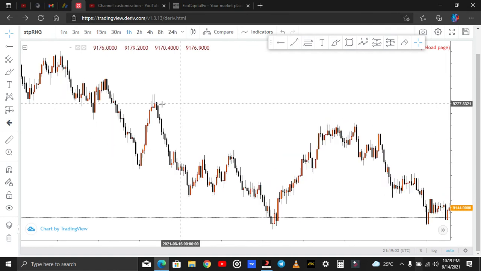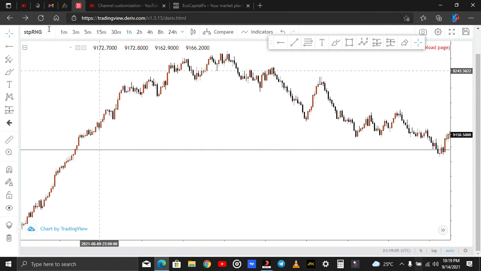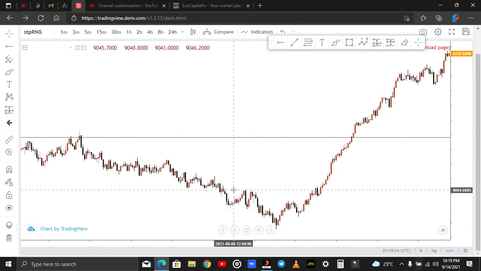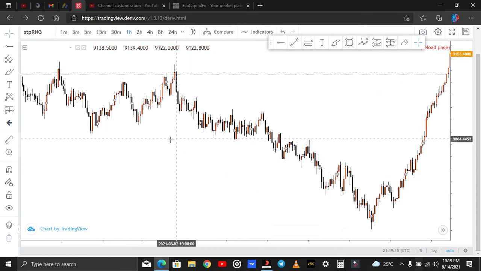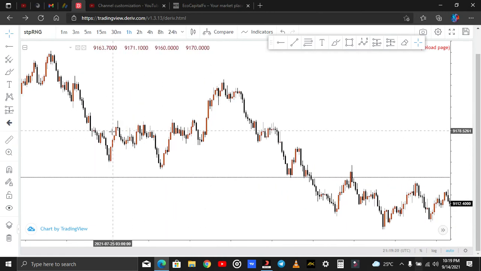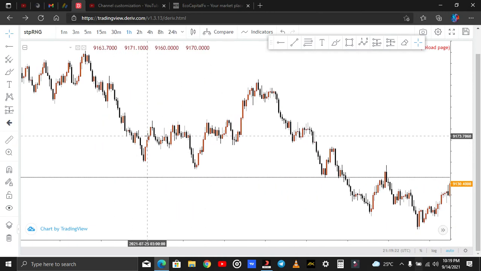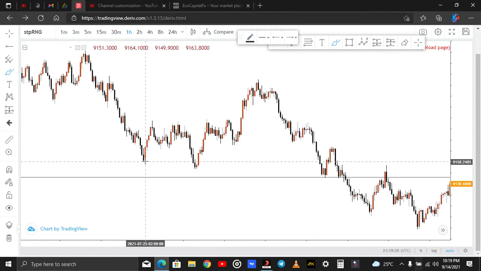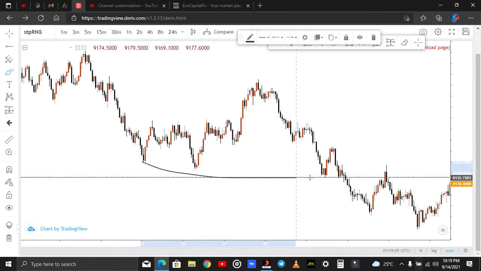Okay, so now let me show you chart examples of liquidity, the concept of liquidity graph. Trying to look for a very good example. Okay, yes, now if you are trading trend lines, this could look like a very good trend.